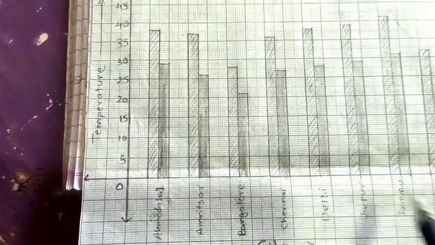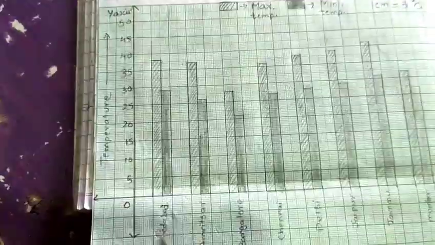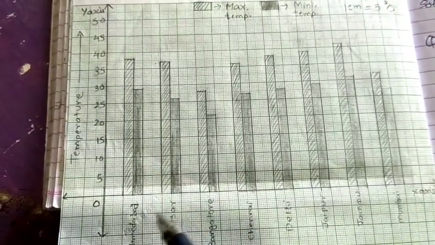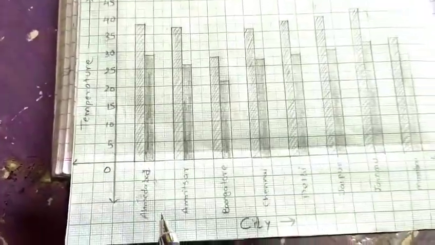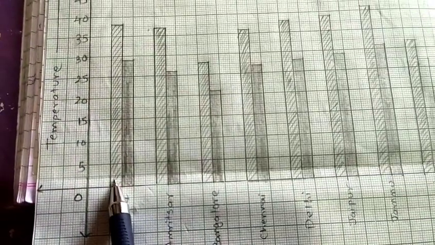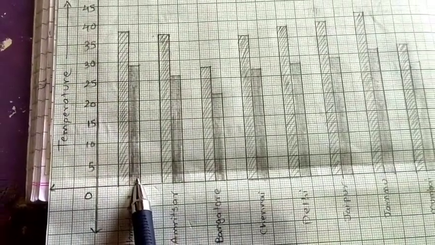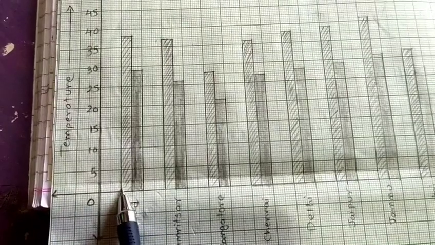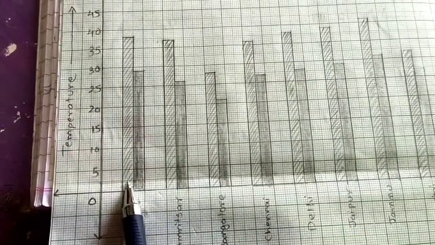Now this is how you have to draw perpendicular lines. This is a horizontal and this is a vertical line. The horizontal line is the x-axis. Write down the number of cities over here. See dear student, here a whole one box is not possible, so I divided this one box into two parts.